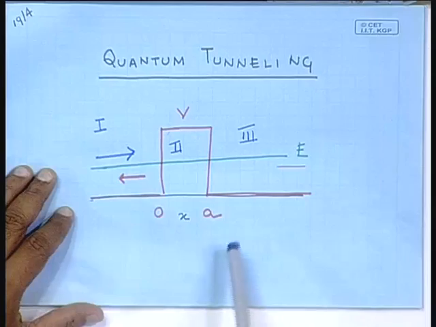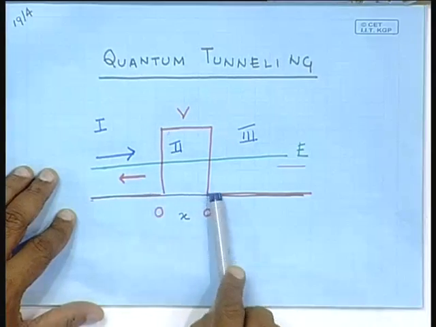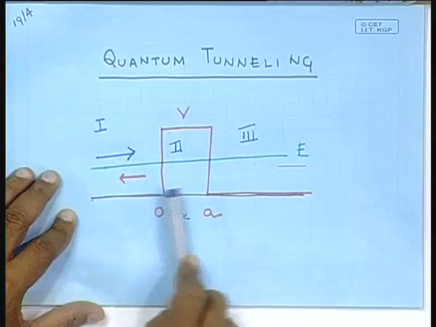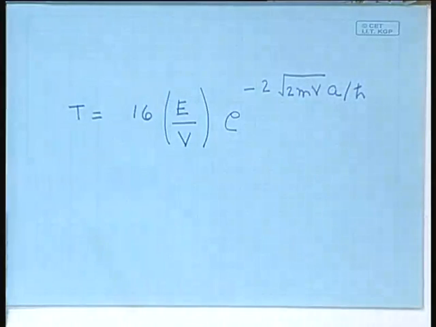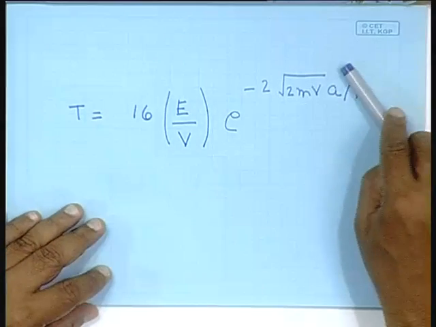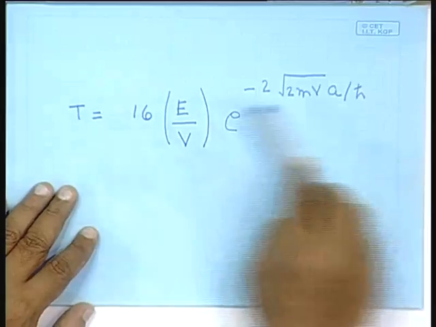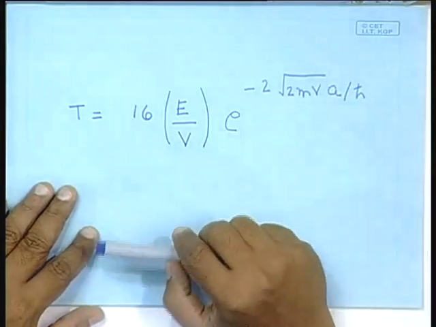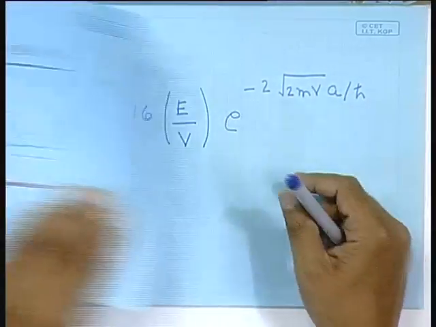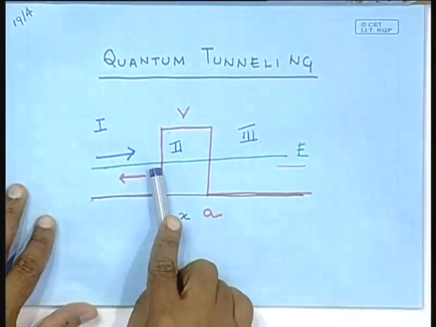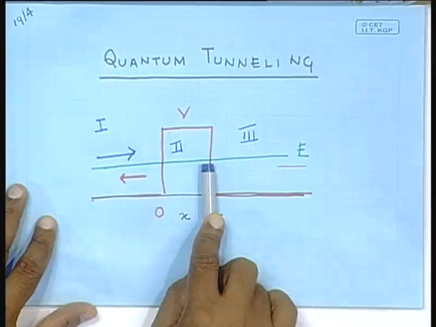Now, let us ask the next question. There are two things that we can vary. The other thing that we can vary is the width of the potential barrier. How does the tunneling probability change if I vary the width? What we see is that if I make the width of the potential barrier larger, the tunneling probability decreases exponentially. So, this tunneling phenomenon is going to be particularly important if I have a barrier which is quite small.